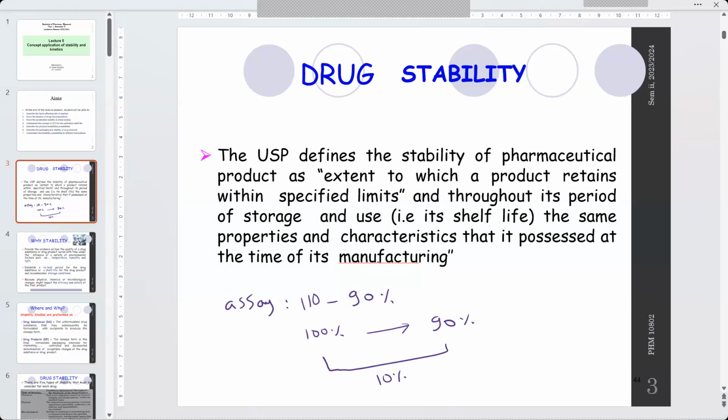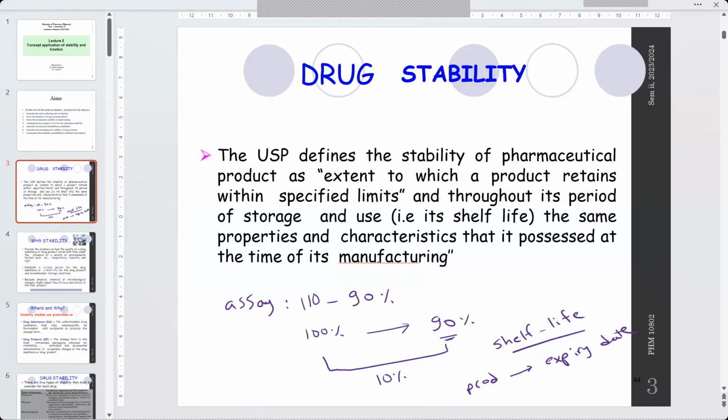So the period of time where the drug assay declines only by 10%, or we can say reaches 90% and not less than 90%, we call this time period a shelf life. Okay, shelf life is here the time between production date and expiry date.